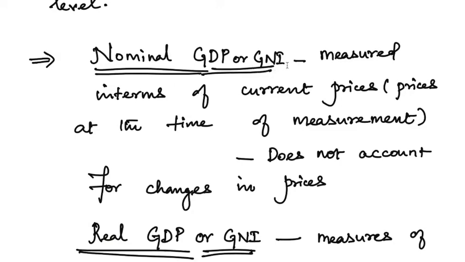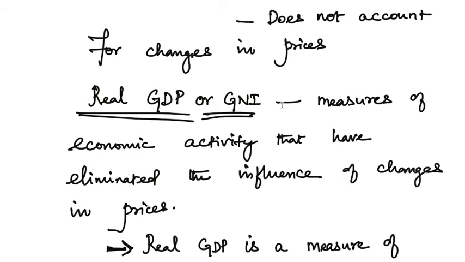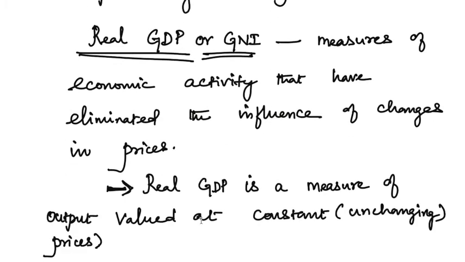Nominal GDP or GNI is measured in terms of current prices at the time of measurement, so prices during that particular year, and it does not account for changes in prices. Real GDP or GNI measures economic activity with the influence of changes in prices eliminated.